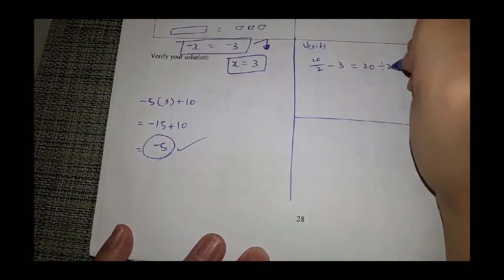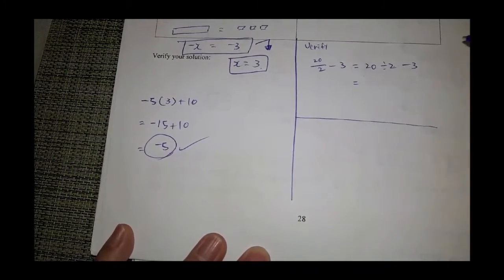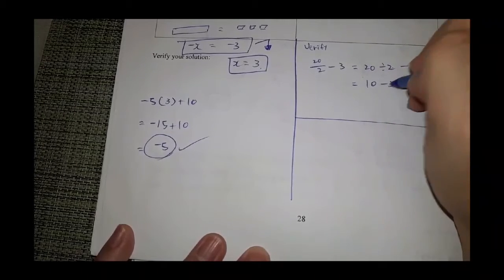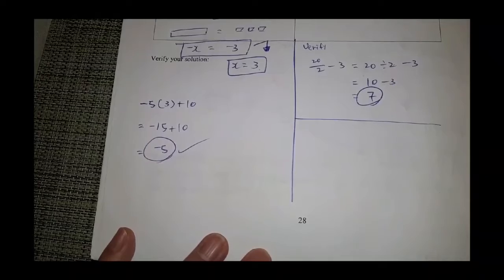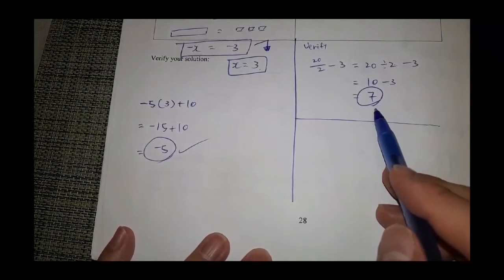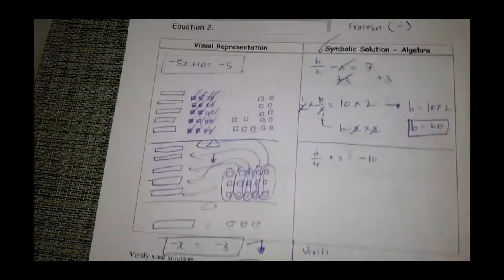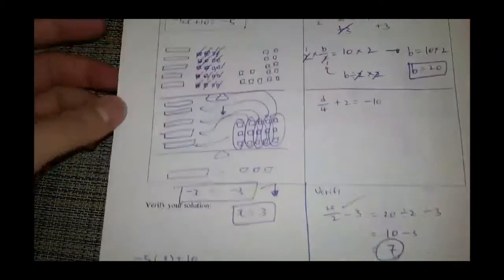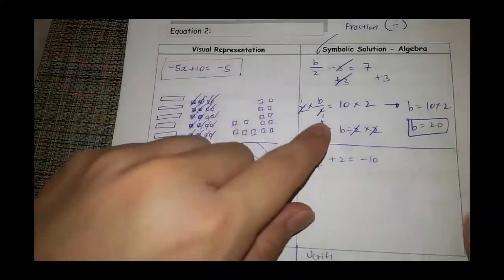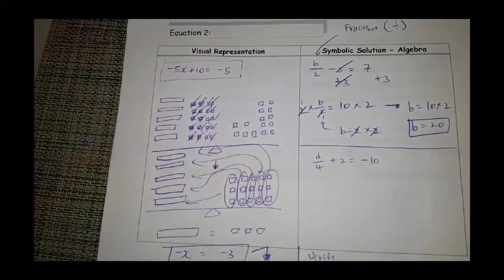Order of operations, we do the division first, so 20 divided by 2 is 10, and minus 3, my answer becomes 7. If we see 7 on the right side, our equation is on the right track. And yes, we do. So my solution for the two-step equation turned out to be 20.